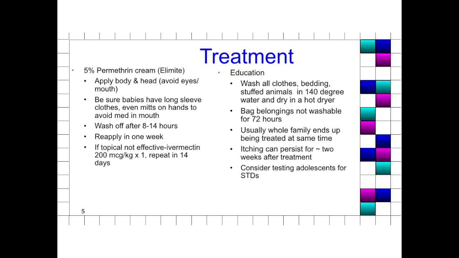They need to apply it to the body and the head, but avoid the eyes and the mouth. Be sure the babies have long sleeve clothes on so they're not putting their extremities in their mouth, and put mitts on the hands. They keep this cream on for 8 to 14 hours. It may need to be reapplied in 1 week.